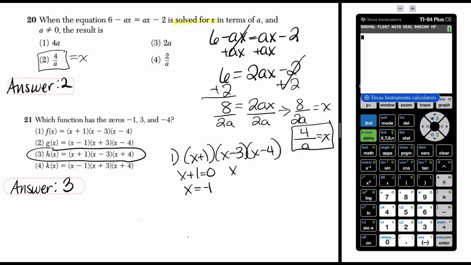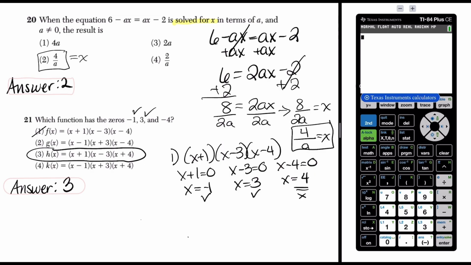And check to see which one matches what you wanted. So does this match? Well, this part matches as a solution. This part matches as a solution, but not this one. So that would mean one doesn't work.